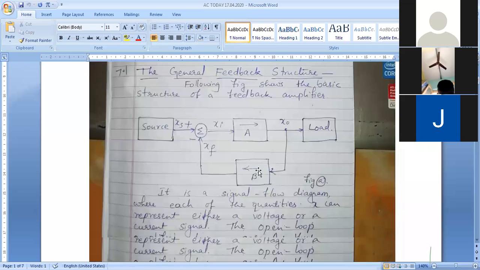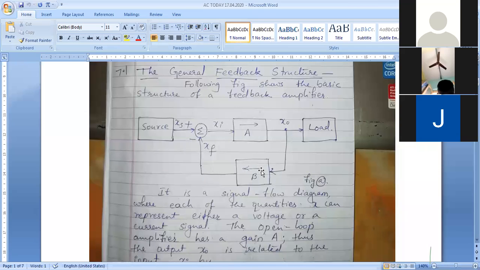So feedback amplifier. Let us understand the general feedback structure that is introduced for all the feedback types. We have 4 feedback types, which we will be studying after this. So first thing is the general feedback structure.